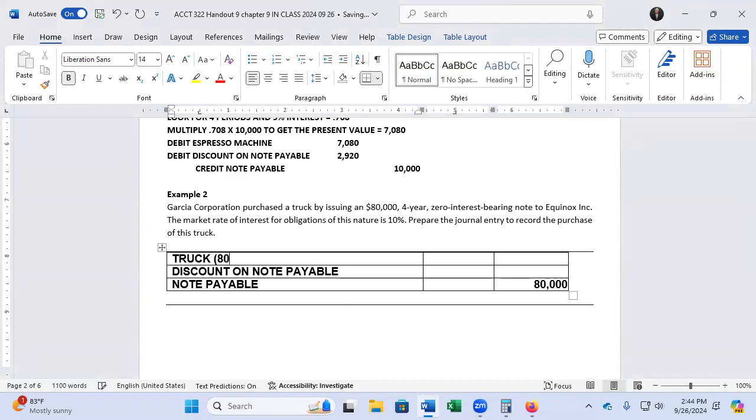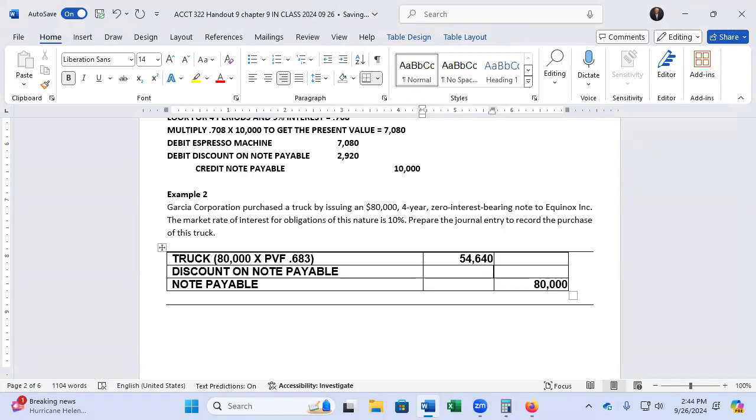And so we multiply the 80,000 by the present value factor, 0.683, and we end up with 54,640. And that's approximate, by the way.